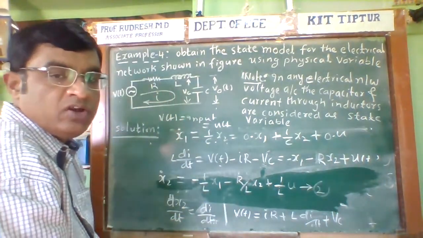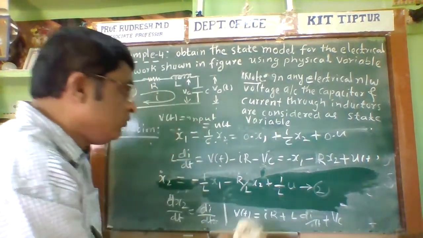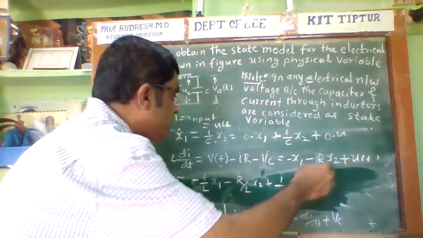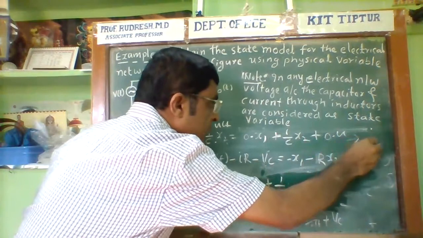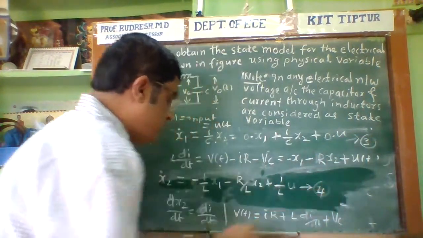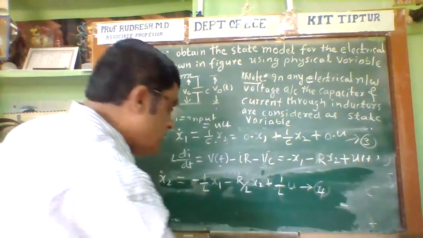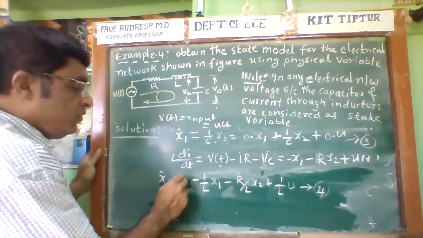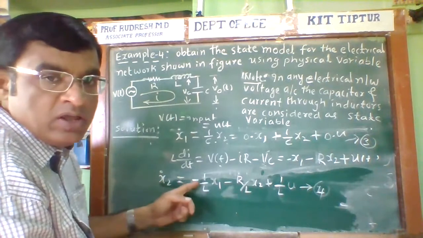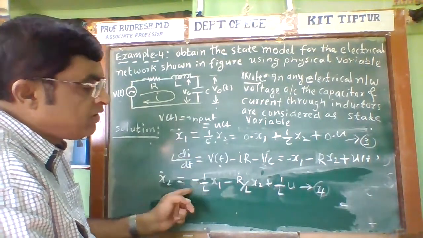By using equation 2, this is equation 1, this is equation 4. Now this is the value: x2 dot is equal to di by dt, or di by dt is equal to this.